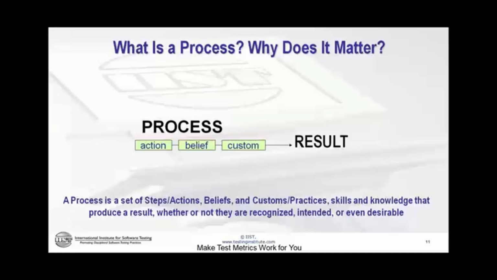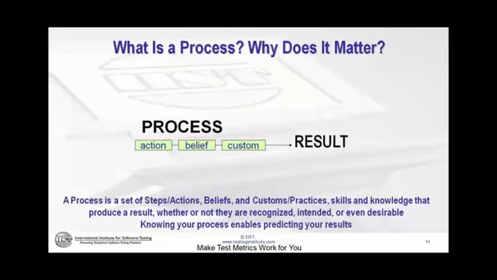Okay? There's a process producing them. And if you repeat your process, you will get basically the same results. Now, you can repeat a process even though you're not conscious you're doing it. You can repeat a process even though you're not intending or desiring to do it.